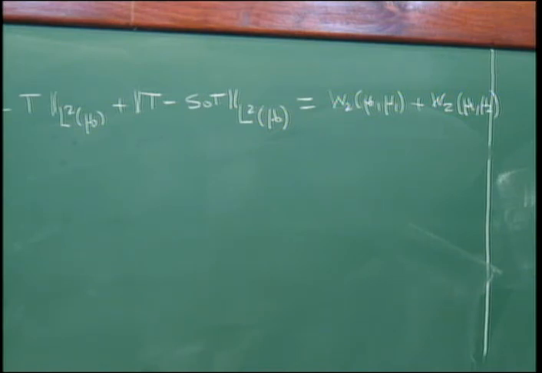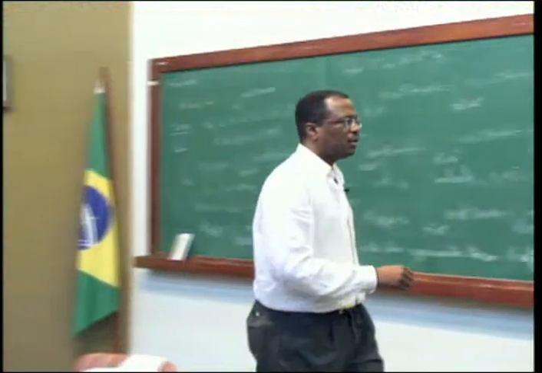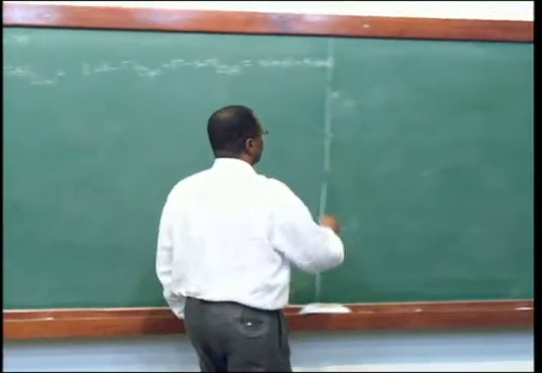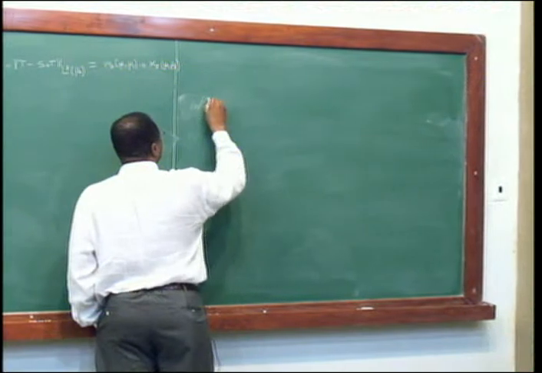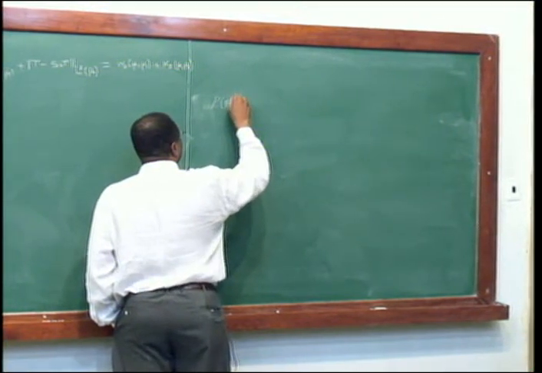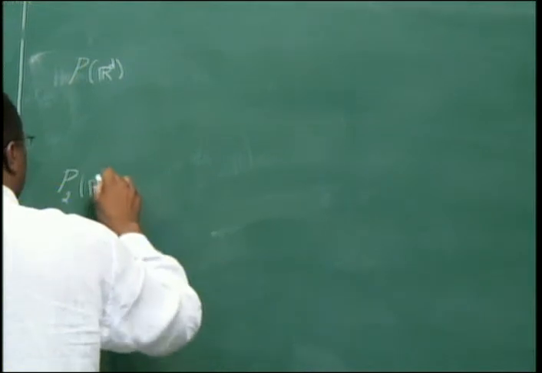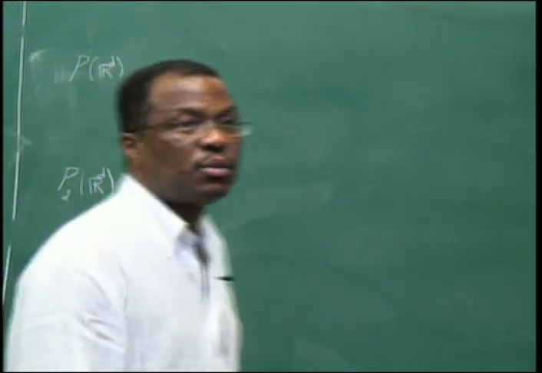So let me make a remark which I am not going to prove. Take the set of probability measures on RD. Take the set of probability measures of bounded second moment.